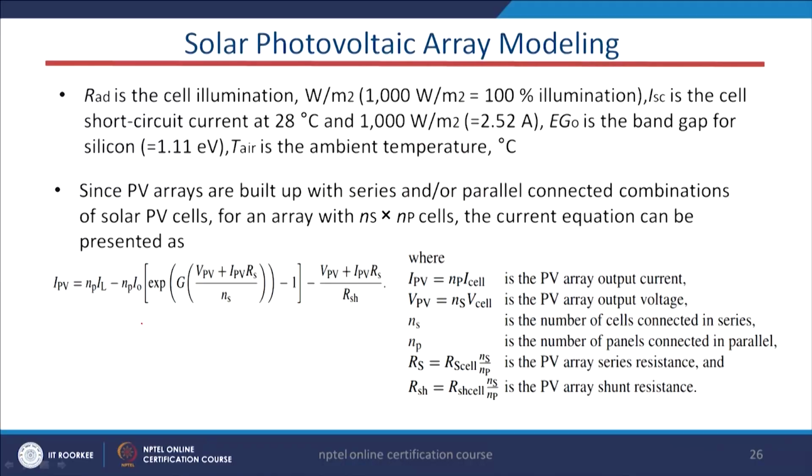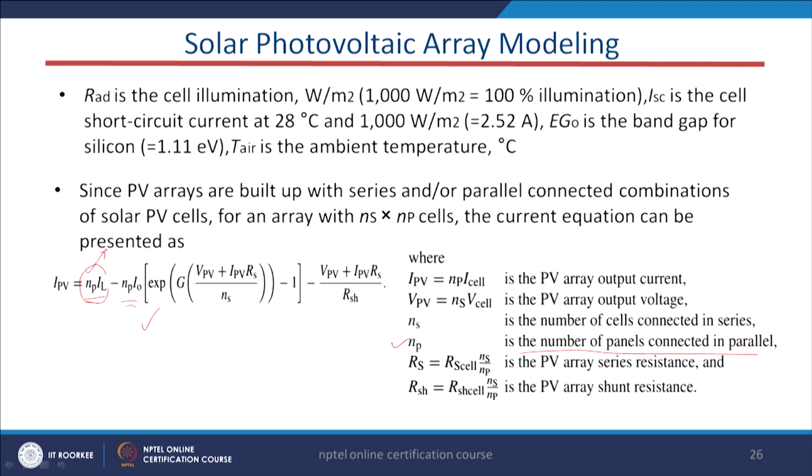So, if the number of cells increases in series or parallel, what will be the expression of our current? This is our expression: IPV or I cell is equal to NP into IL minus NP into I naught. The only difference here is that we have multiplied the light current by one term, NP. This NP stands for the number of panels connected in parallel.